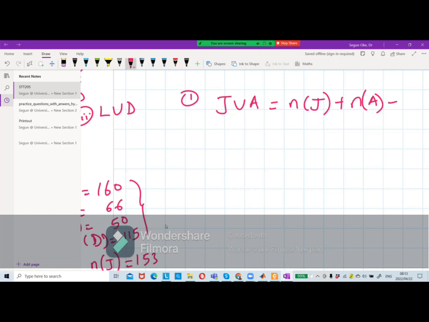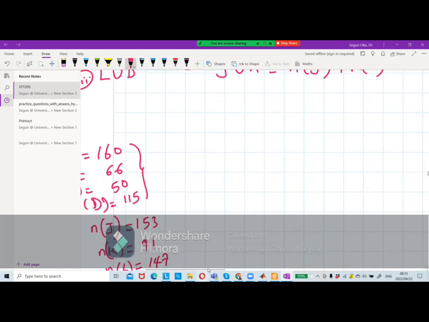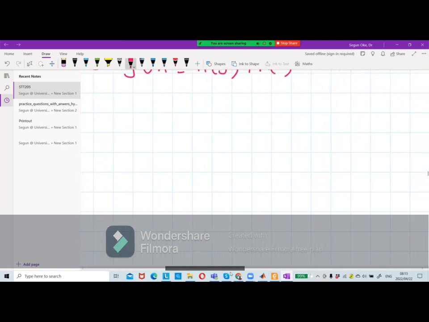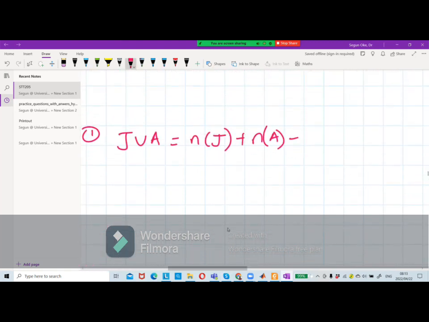minus the number of J intersection A. So we have the number of J, we have the number of A. What is the number at the point of J intersection A? So we will solve that.